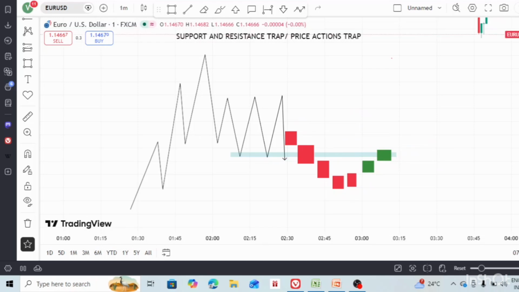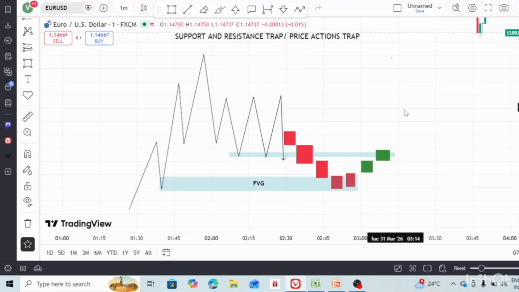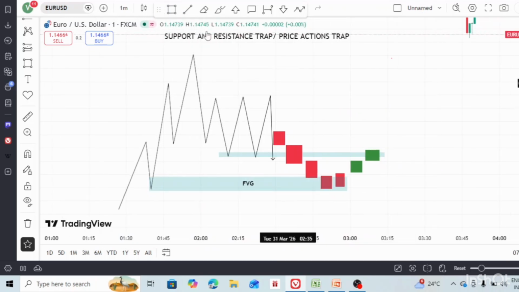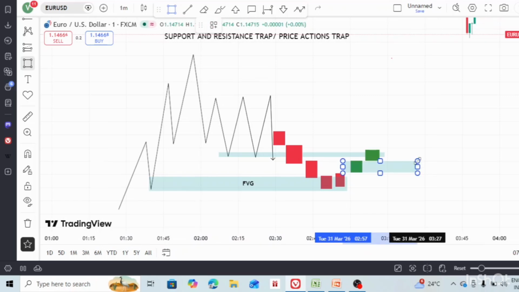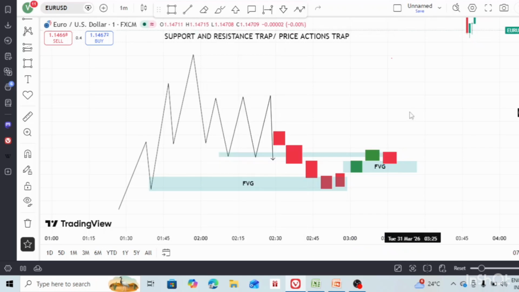But if there is any gap here, if it is reversing from any extreme fair value gap, suppose we have the fair value gap here, and the market comes and mitigates this fair value gap, what they think is that this support after the breakout will become the resistance, so they will look for the sell break here.